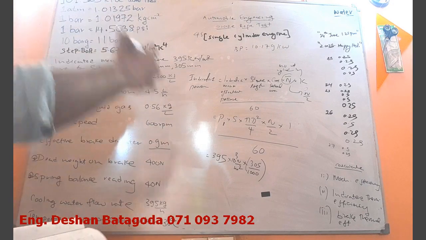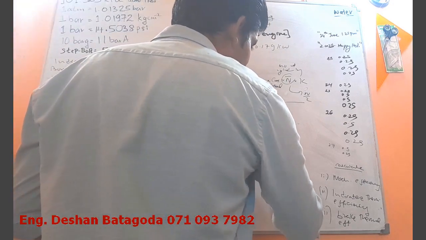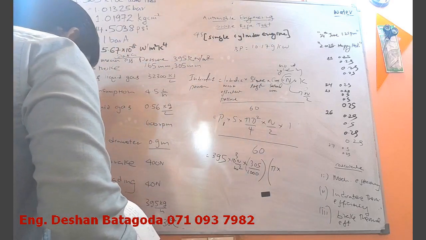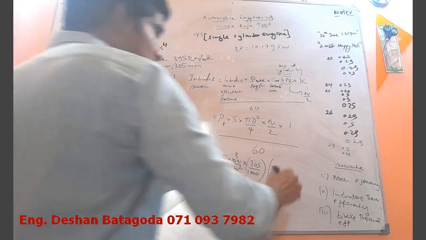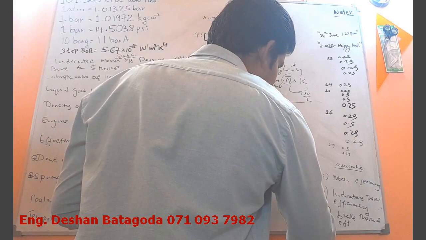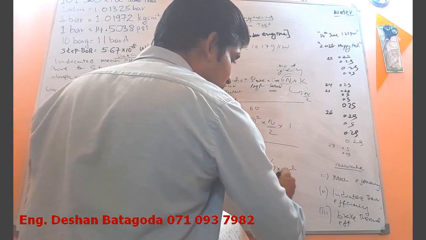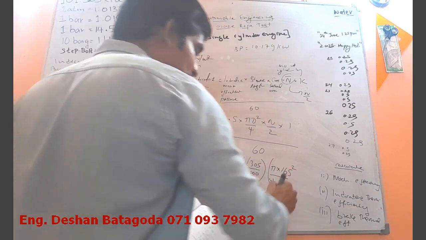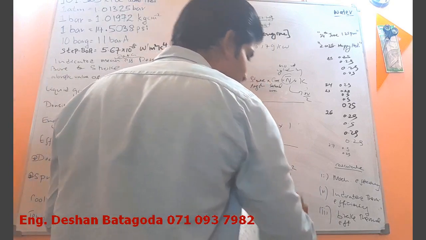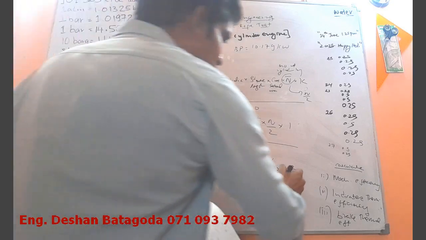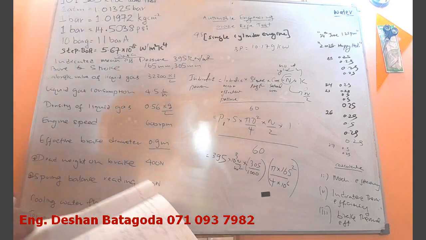Then cross-sectional area: pi d squared divided by 4, where the bore diameter is 165, then divide this by 10 to the power 6 to convert millimeter squared into meter squared. So that is also okay.